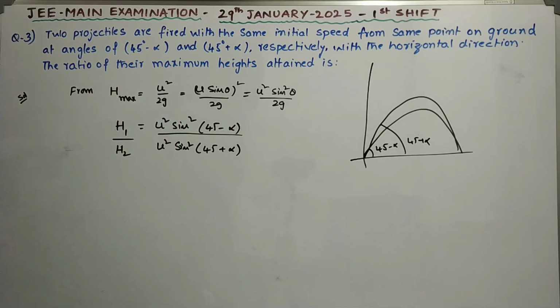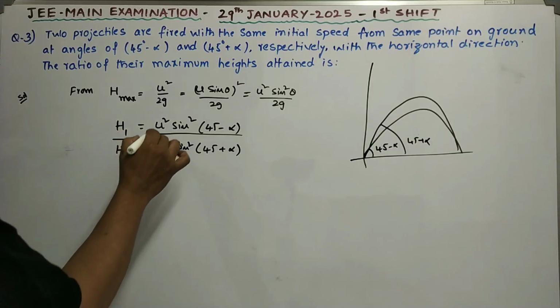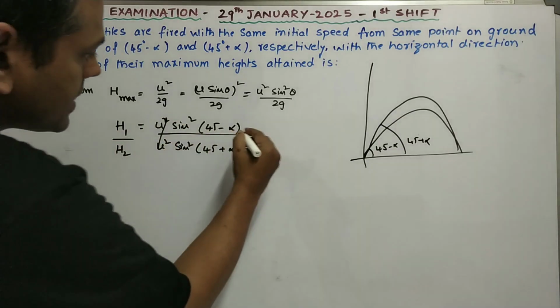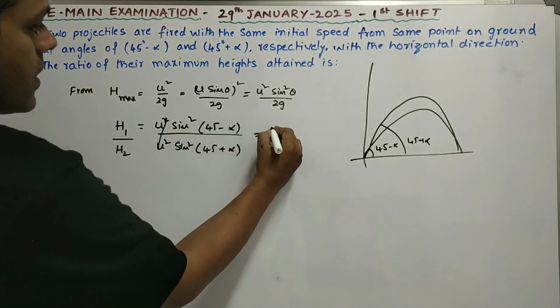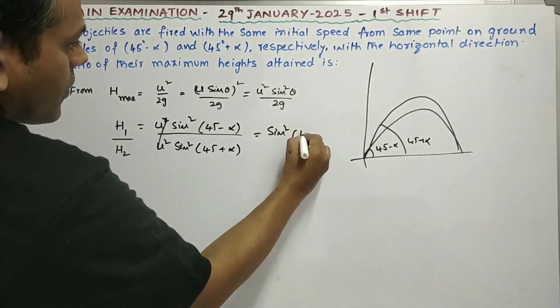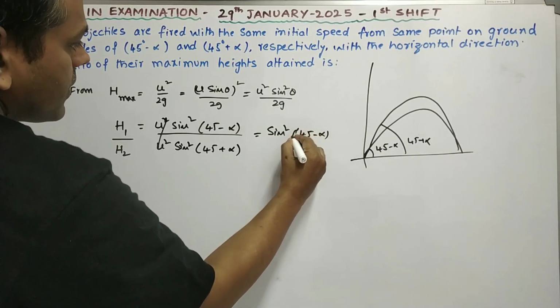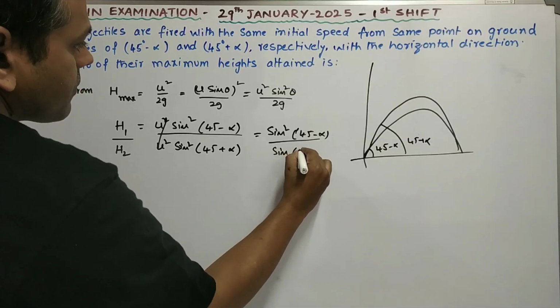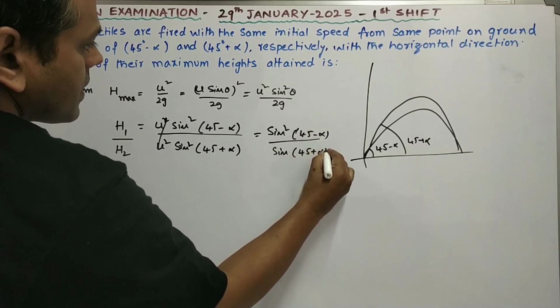The ratio of their maximum heights is asked, so this is h max 1 and this is h max 2. U square is cancelled, and finally we get sine square 45 minus alpha by sine square 45 plus alpha.